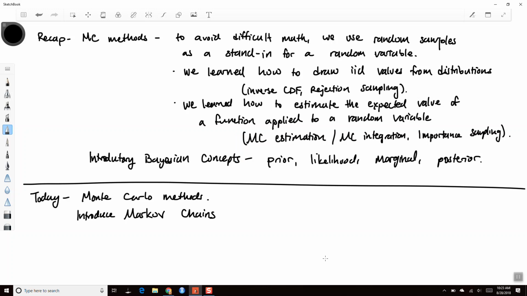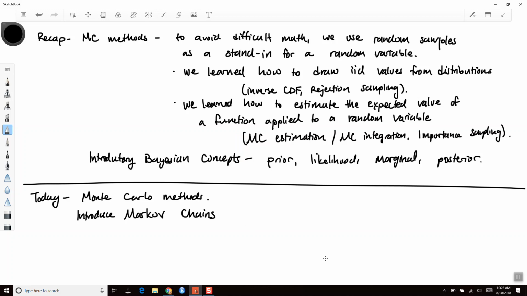We can take those values, apply a function, and get an estimate of what we're looking for. Markov chains are much more efficient at covering a high-dimensional or very sparse probability space.